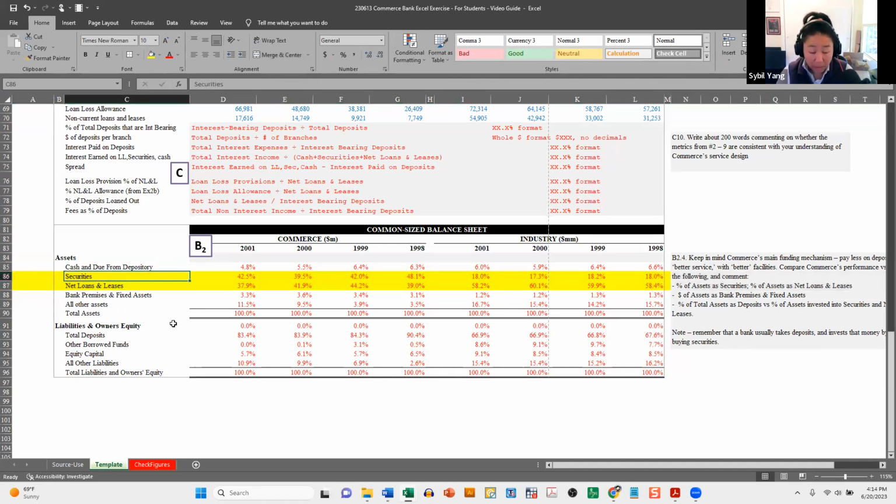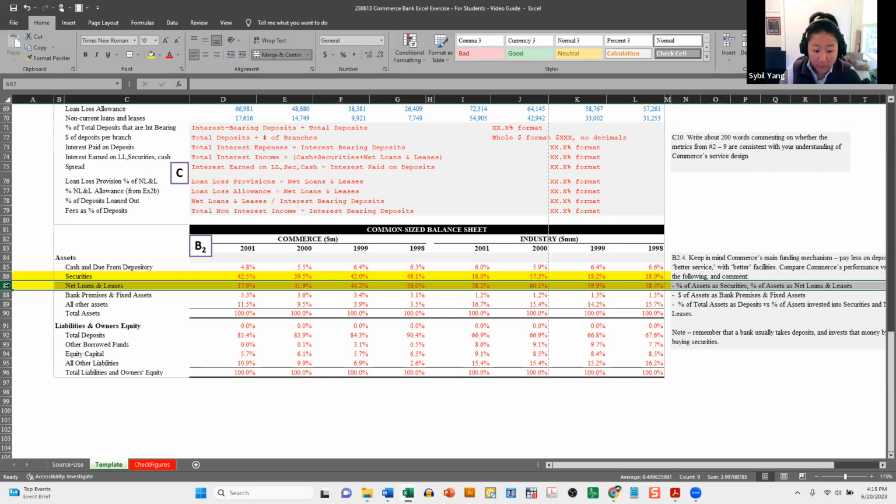So meaning, well, actually, I'm going to back up. Remember how a bank makes money. Presumably, they take in deposits and they lend out the money that they've taken in. And that's one of the ways in which they make money. The ones that they lend out, that's this line, net loans and leases. They've loaned out that money to somebody else.